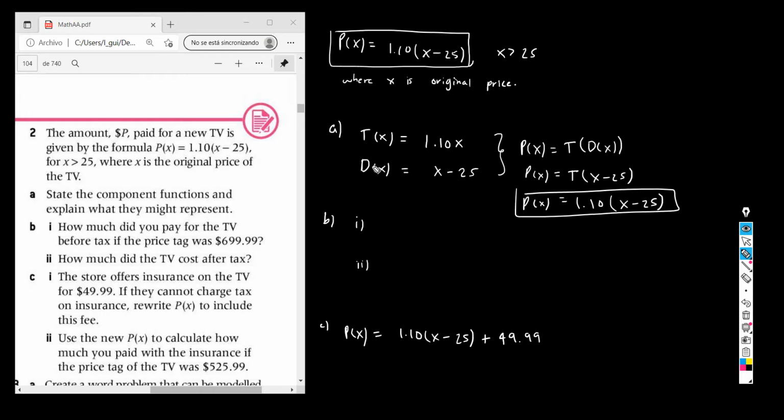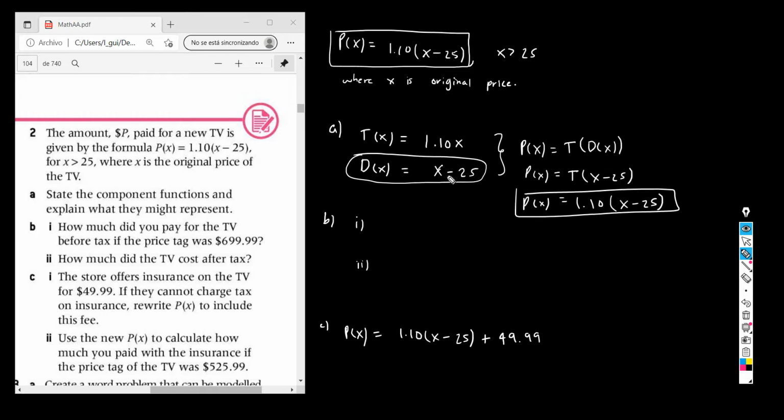I wrote T and I wrote D because, as I understand, for example, let's talk about this function first, x minus 25. If you know that x is the original price of the TV, then what could something like this mean? To me, this could mean a discount of $25 over the original price of the TV.